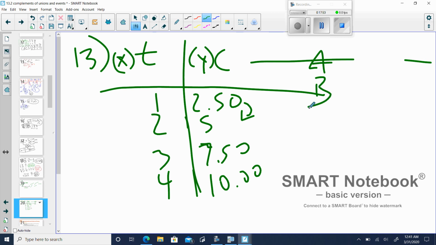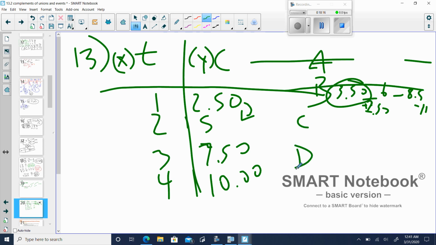So we start out at $3.50 and then go to 6, $8.50, and 11. So B is very tempting because $3.50 to 6, 6 to $8.50, and $8.50 to 11. Well, it's all going up by $2.50. The problem is, guys, the first ticket should be $2.50 and not $3.50. So B's out of there.